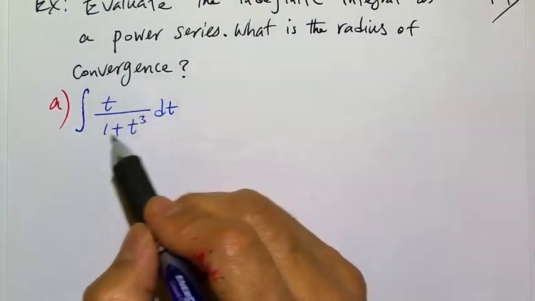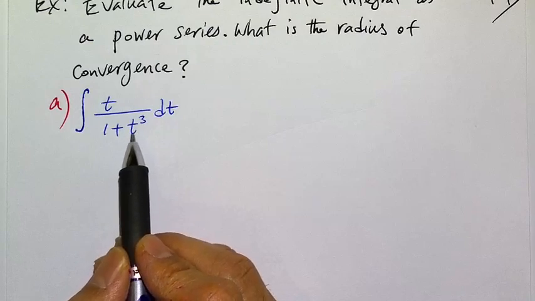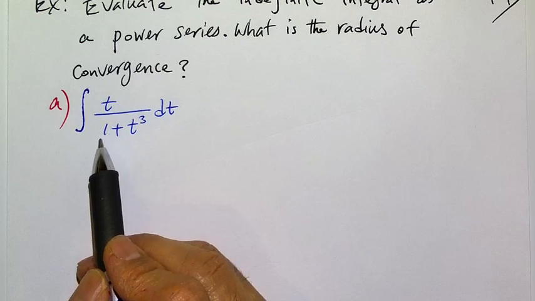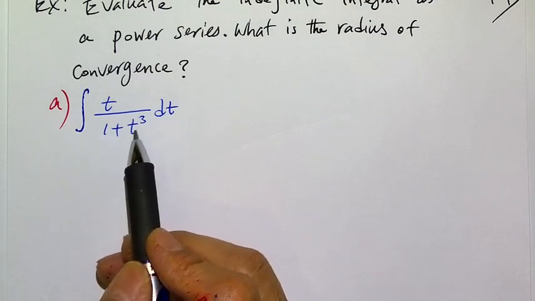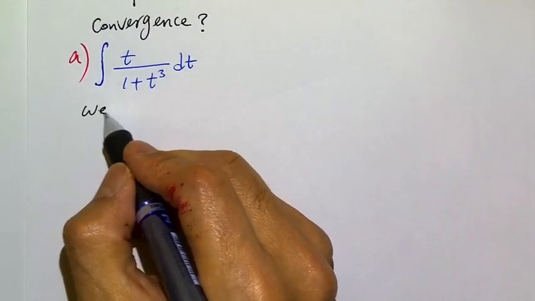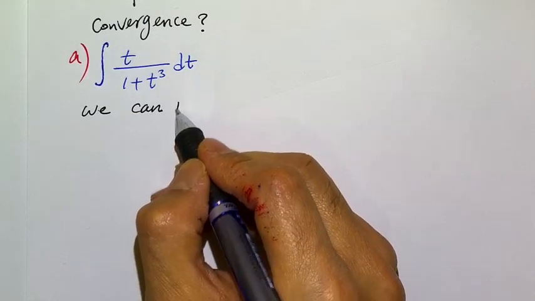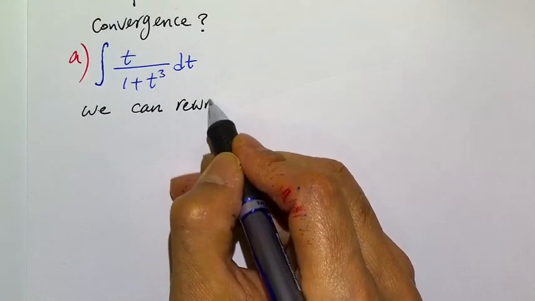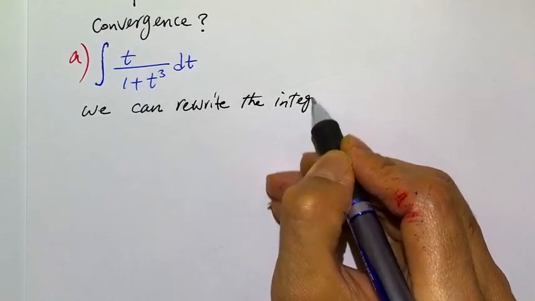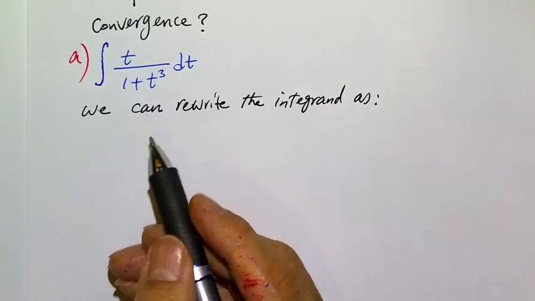So first of all, note the integrand, right? It's t over 1 plus t cubed. So it looks like we can rewrite this as 1 over 1 plus t cubed, right? We can start with that. So let's rewrite the integrand as follows.